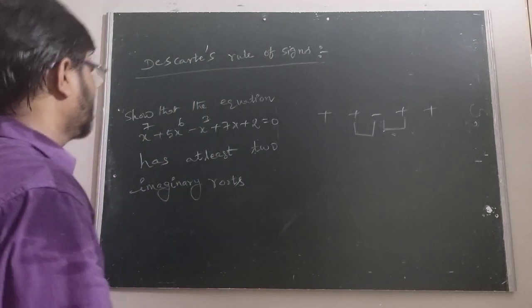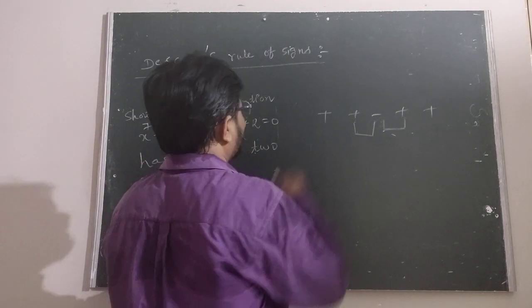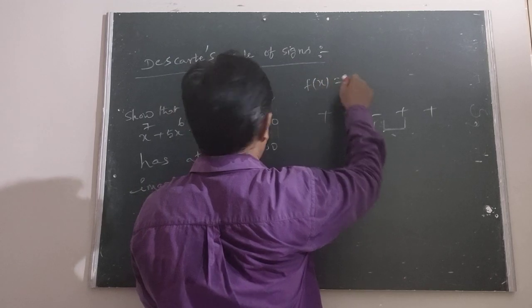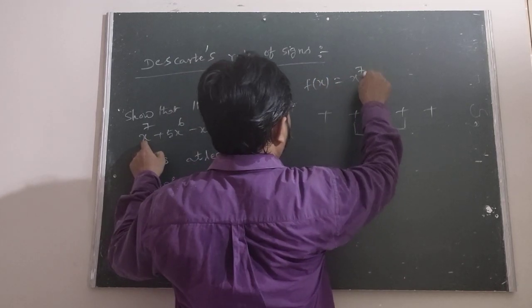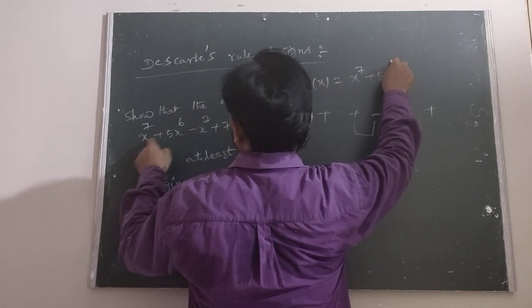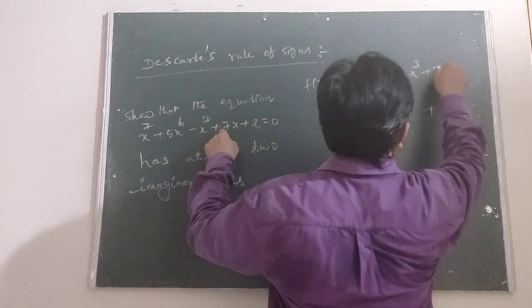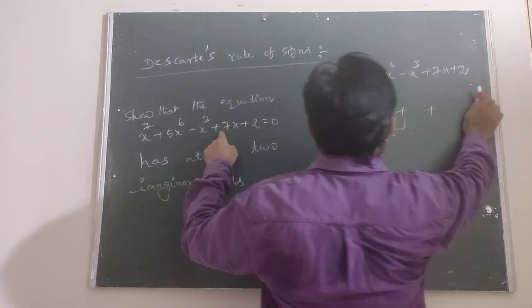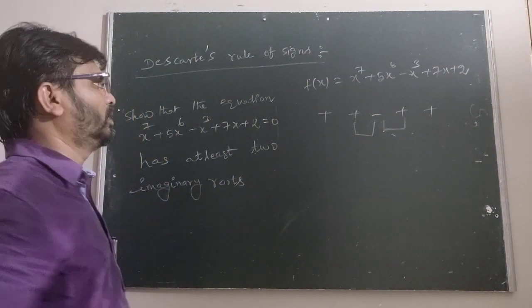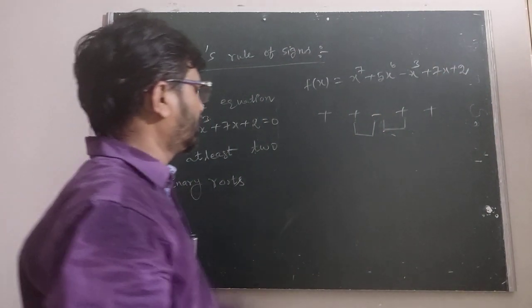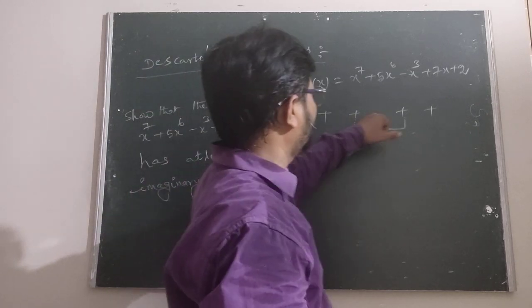Now suppose f of x is a polynomial of degree 7: x power 7 plus 5x power 6 minus x cube plus 7x plus 2. This is the given polynomial expression of degree 7. The signs are plus, plus, minus, plus.